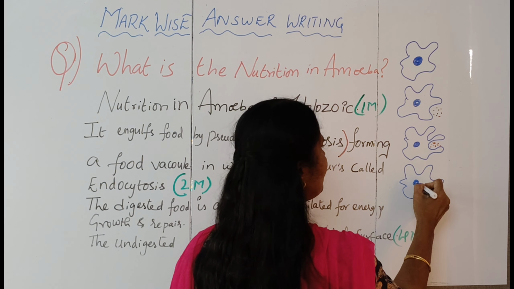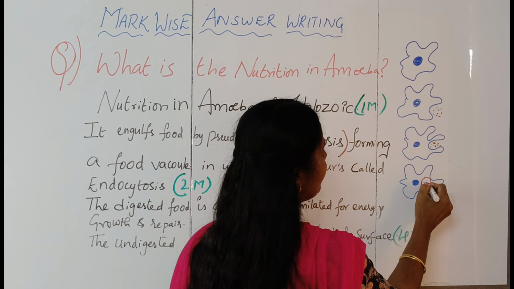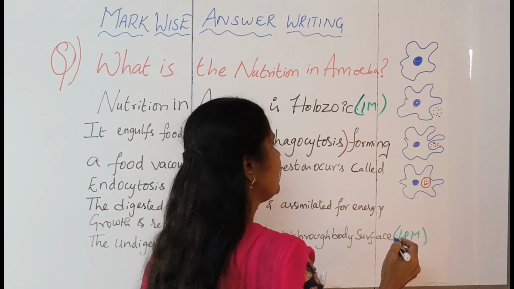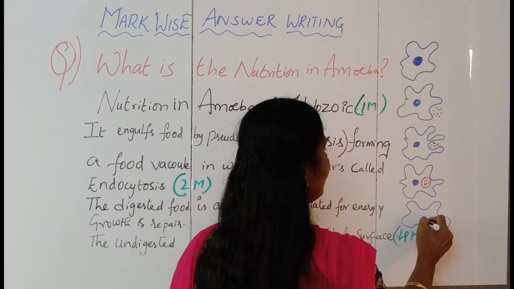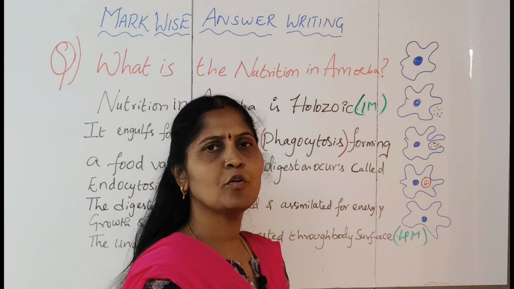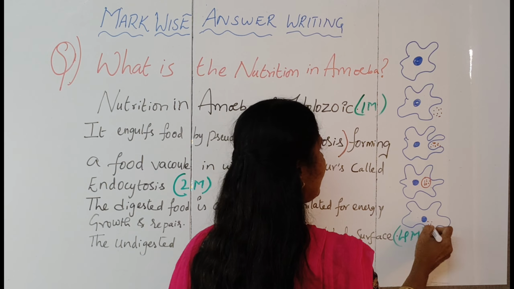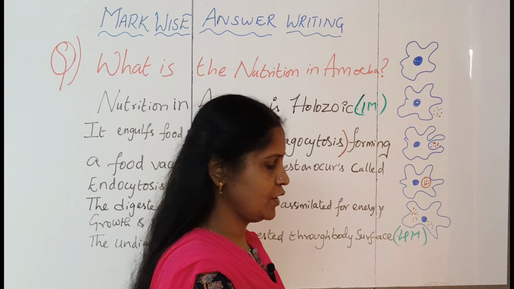We draw the nucleus, and then the food vacuole wherein the food is all engulfed. Then you can show that the food is getting assimilated. In the food vacuole there will be digestive enzymes which will digest this food, and the food is distributed throughout the cytoplasm by the process of diffusion.